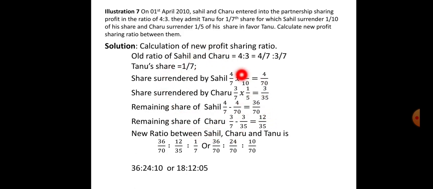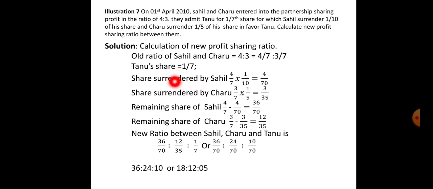ऐसा नहीं है कि पूरी तरीके से कंप्लीट हो गया, कुछ और भी केसेस धीरे धीरे उसमें समझ हमें देखने को मिलेंगे and they will be solved as and when we find them, okay. So hope in this way we have understood how to calculate the new profit sharing ratio, and after this we will learn the treatment of goodwill along with the new profit sharing ratio.